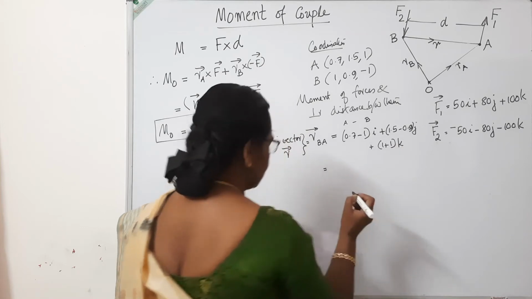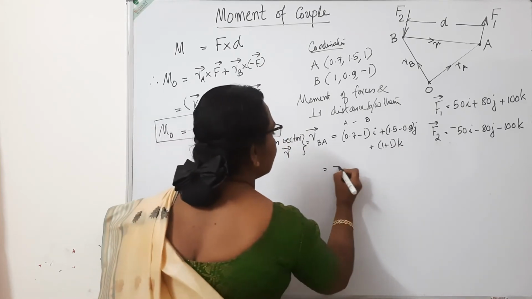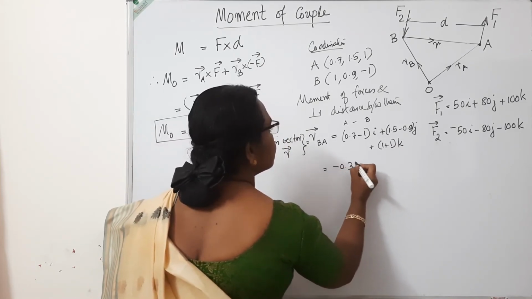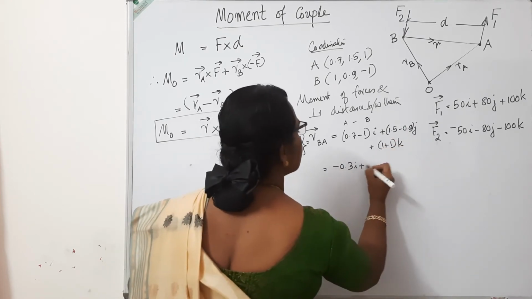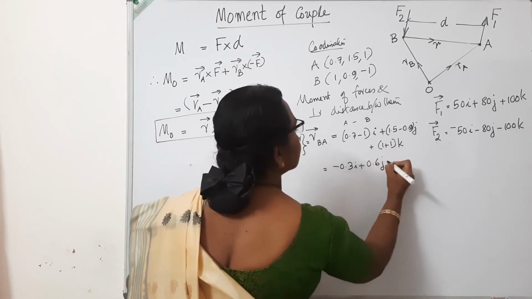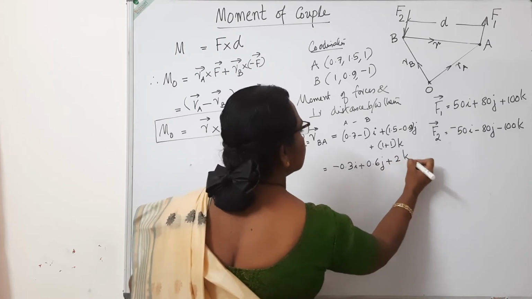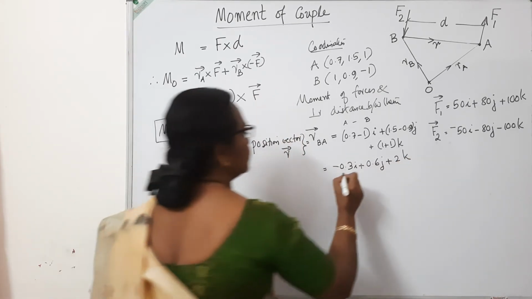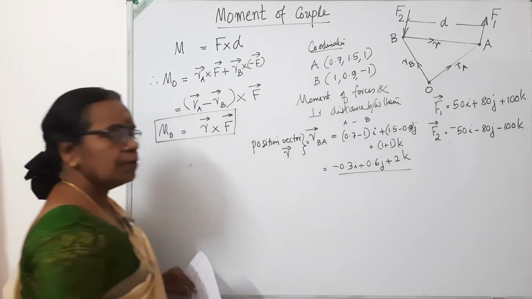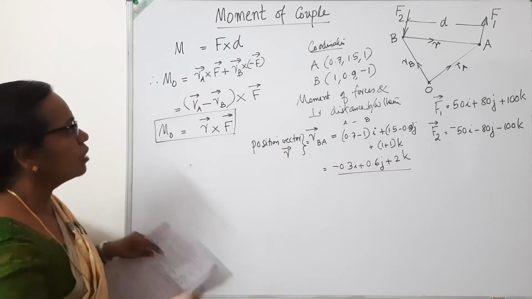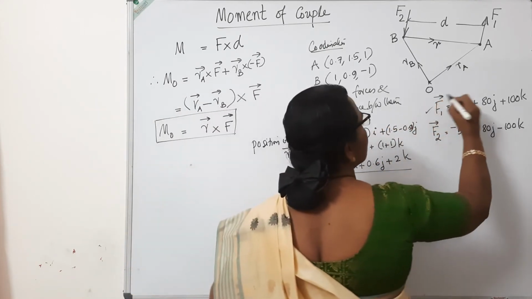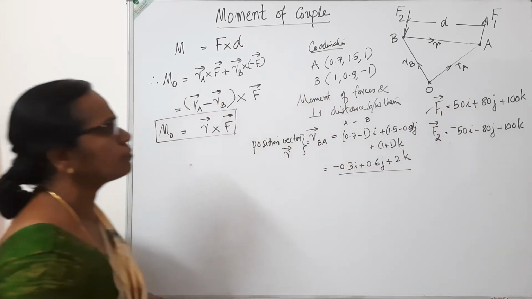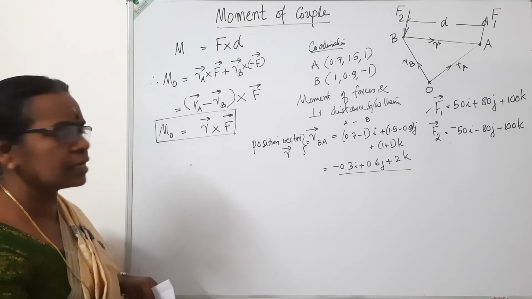So it works out to minus 0.3 i plus 1.5 minus 0.9 is 0.6 j plus 2k. So we have got the R vector. Now the force vector F, you can take any one force, say 50i plus 80j plus 100k. The other one is the negative of this.